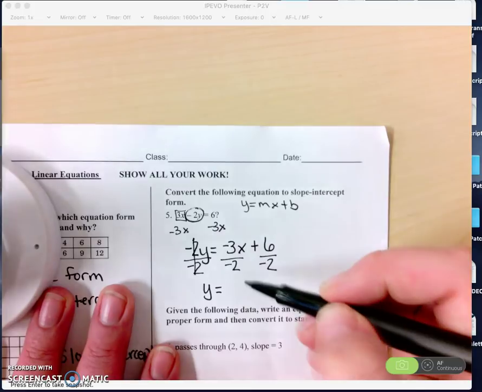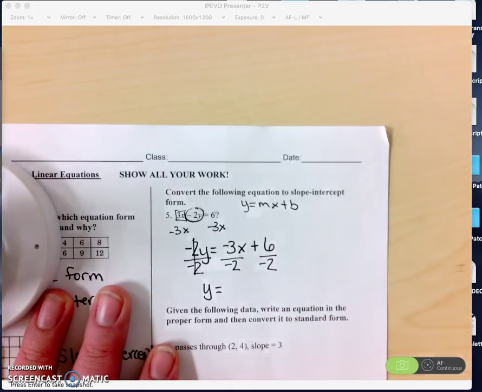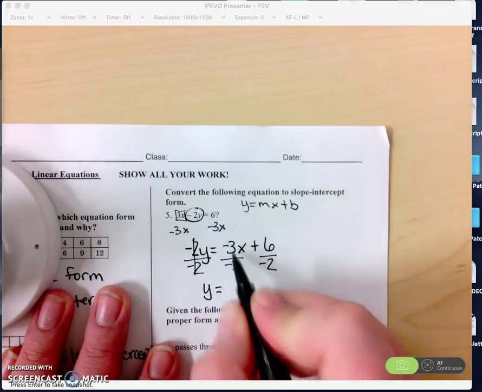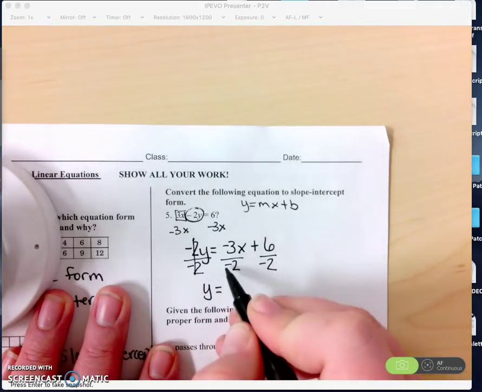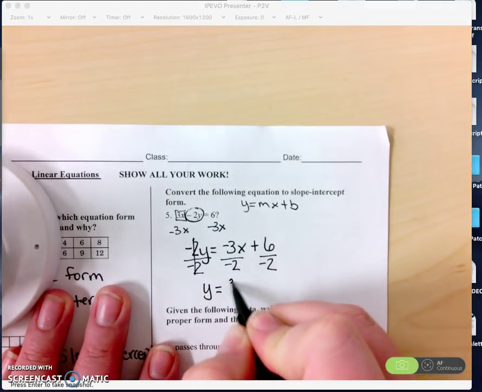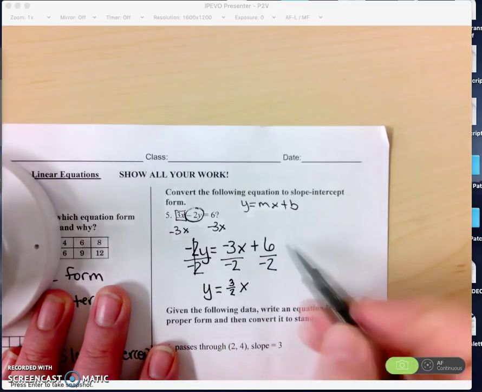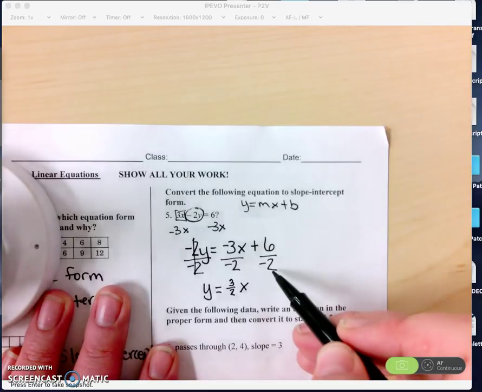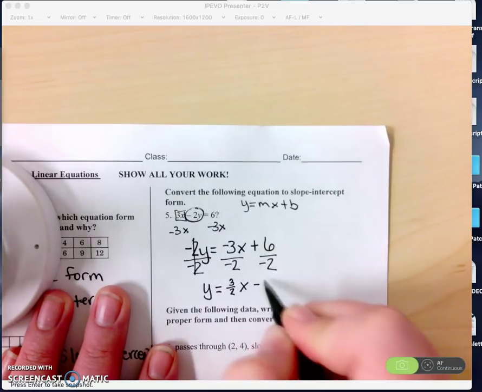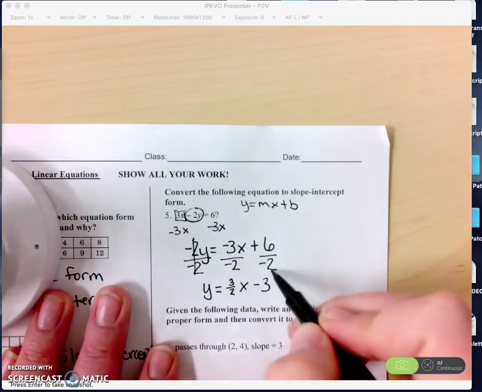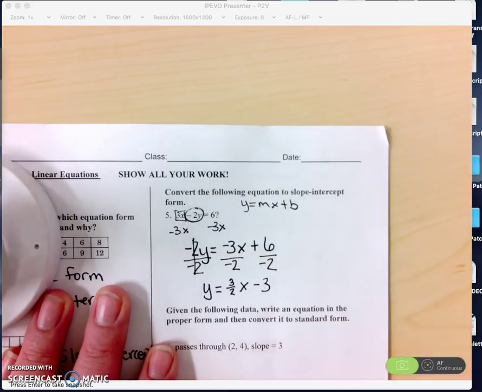If I actually divided that out on a calculator, I would get a decimal. I do not want it to be a decimal, so I'm going to leave it as 3 over 2. The negative divided by a negative is a positive, so this is going to be a positive 3 over 2x. And then 6 divided by a negative 2 is a negative 3. So 2 goes into 6 3 times.